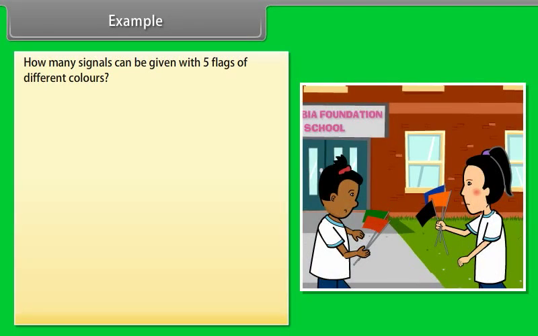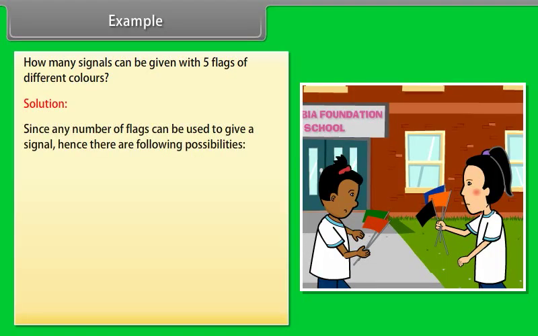How many signals can be given with 5 flags of different colors? Solution. Since any number of flags can be used to give a signal, hence there are following possibilities. 1. Number of ways when only one flag is used is equal to 5P1 is equal to 5. 2.